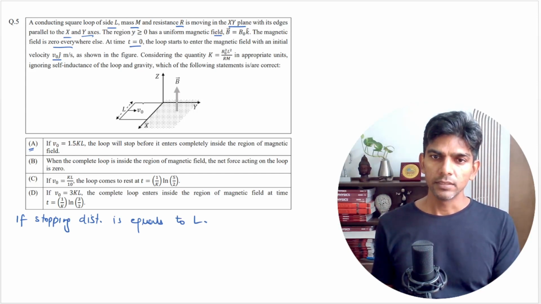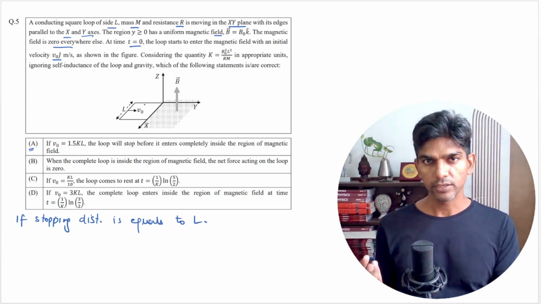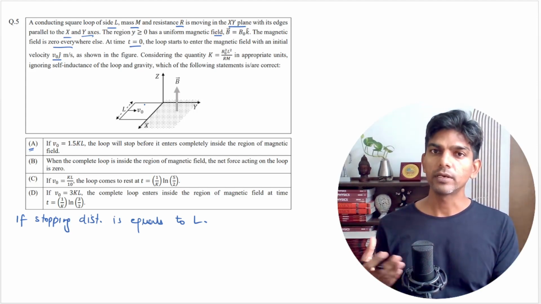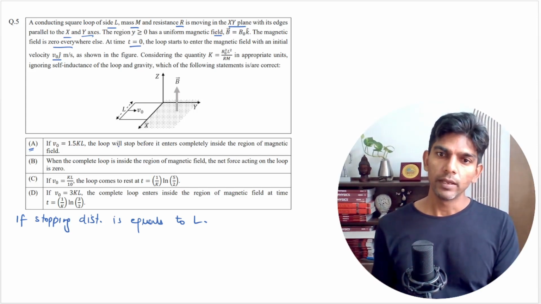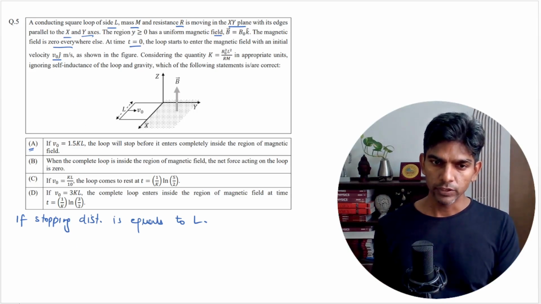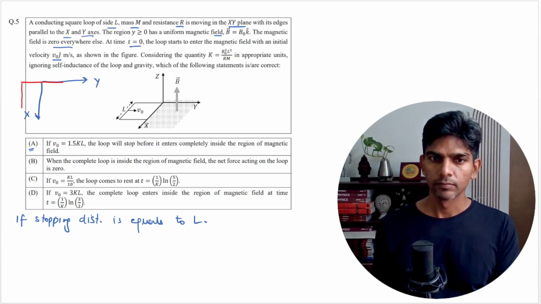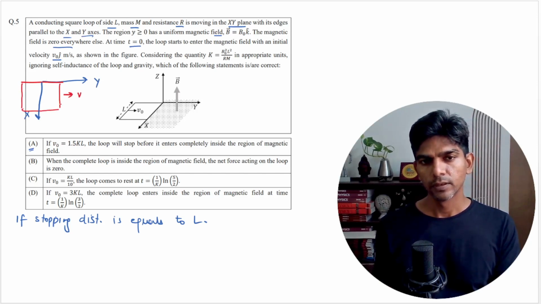As this loop enters the magnetic field, what will happen? The flux will change. Due to that change in flux, there will be a current induced in the loop, and that current will experience a force by the magnetic field. So if I show this in the top view, let us say this is x-axis and this is y-axis, and when this loop enters, say it has a velocity v.